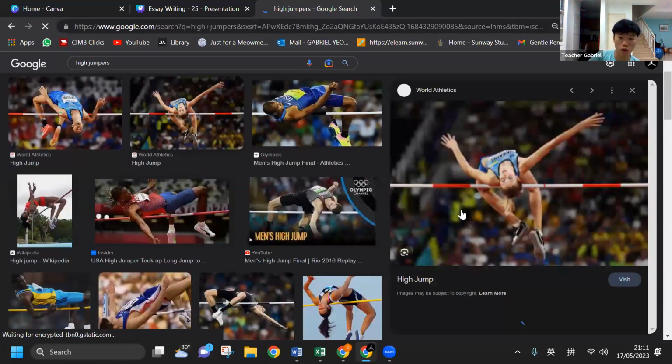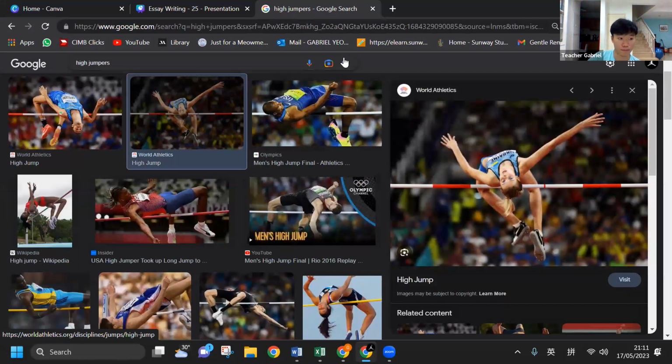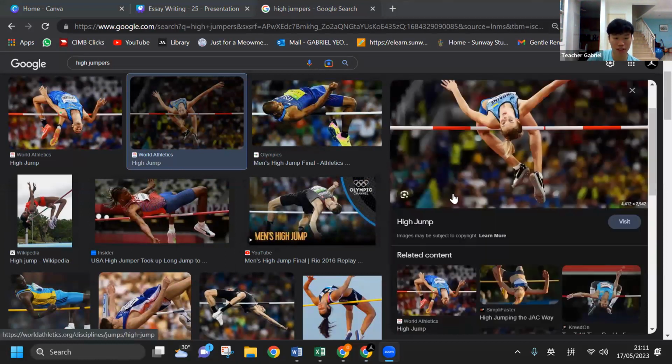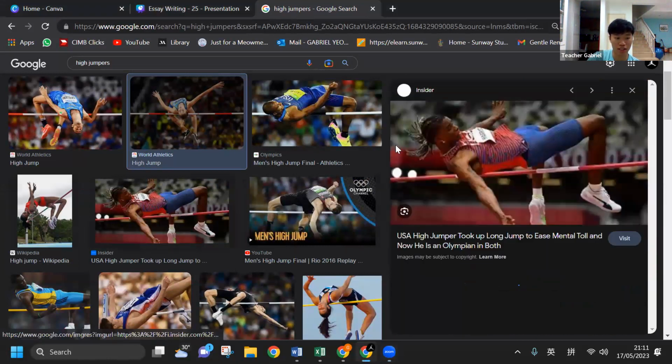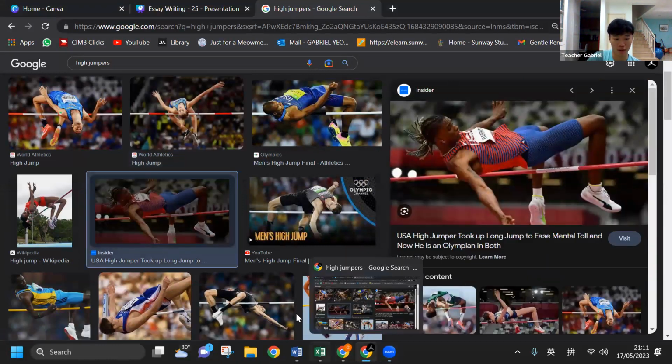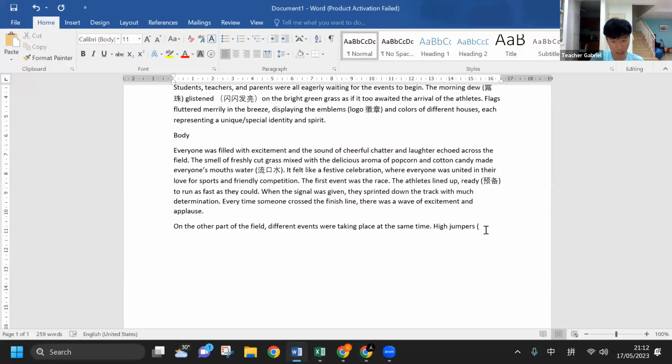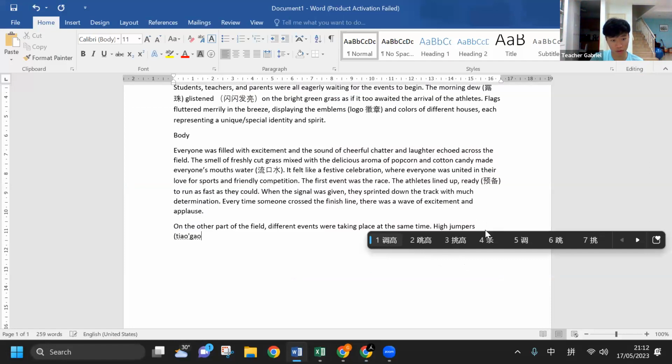They jump over a pole. Okay, I'm not that bad in Chinese, I'm quite bad but not that bad. I can see it is high jump, of course. High jumpers jump over a pole.